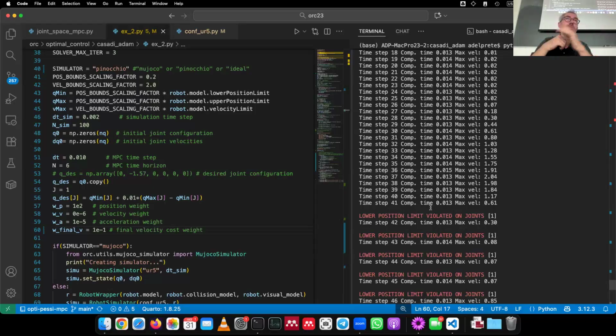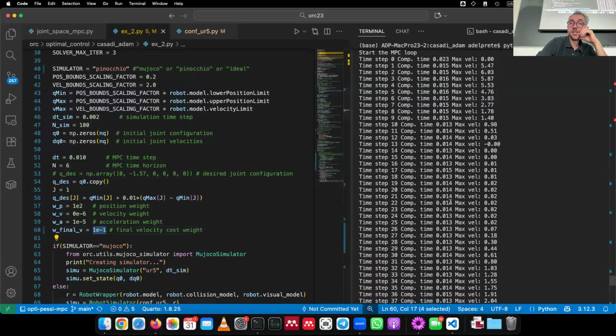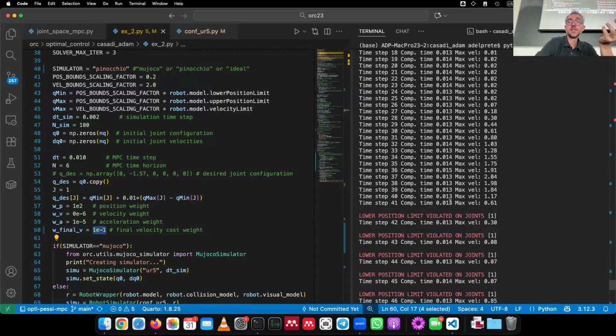Yeah, you had a question? Did you reduce the weight of the final cost? But what happens then? Why does it make it improve? Well, we just tested it. We reduced the weight from 1 to 0.1. We were expecting an improvement in terms of reaching the target faster, but actually that didn't happen.